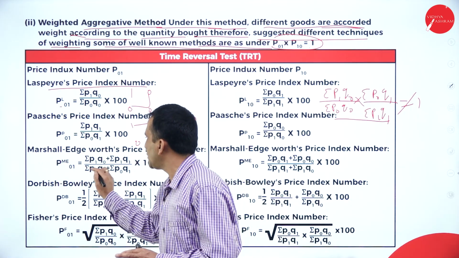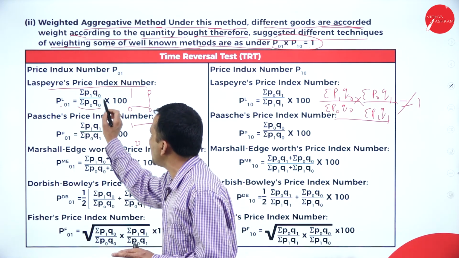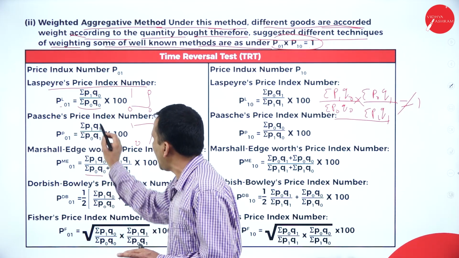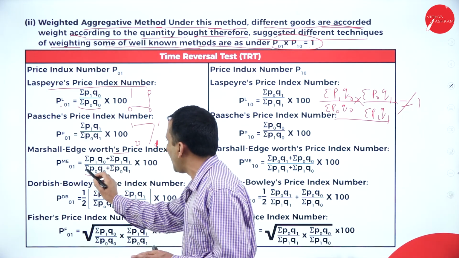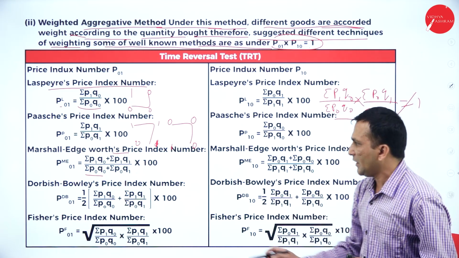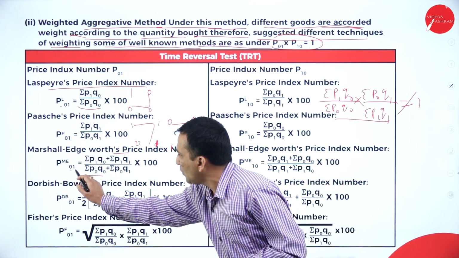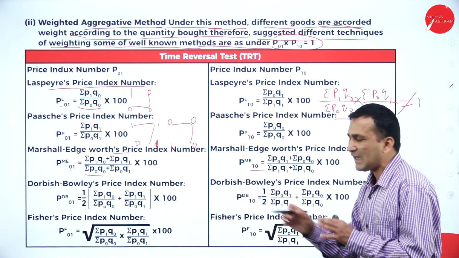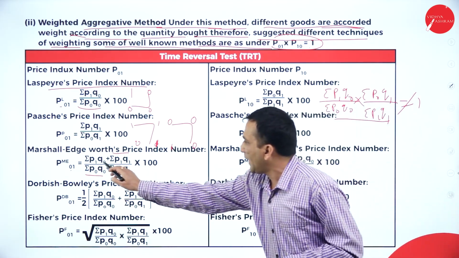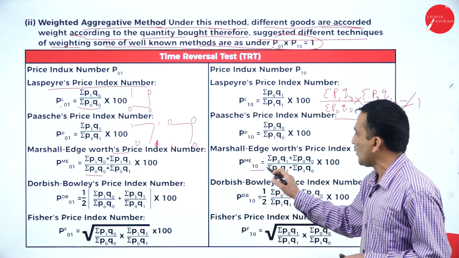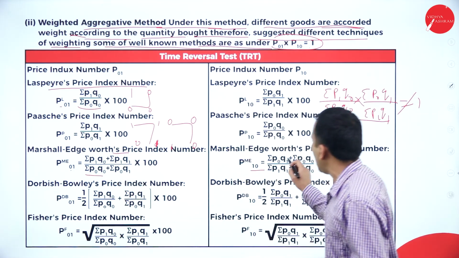So here Marshall-Edgeworth, whatever it is there, see the Laplace, whatever it is there, we have written, and Paasche we have written. Now we are trying to do for reverse. So here 0 place we are writing 1, 1 place we are writing 0, that's what the time reverse is now. So wherever you are getting 1, place we are writing 0 and Q0 we are writing Q1.